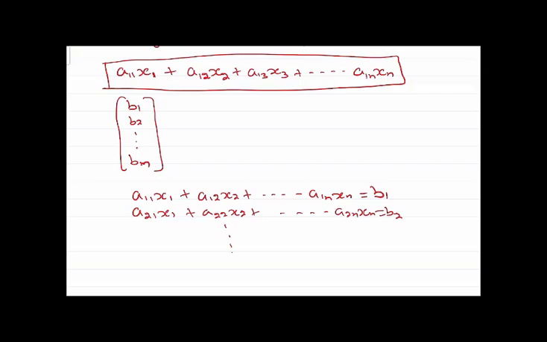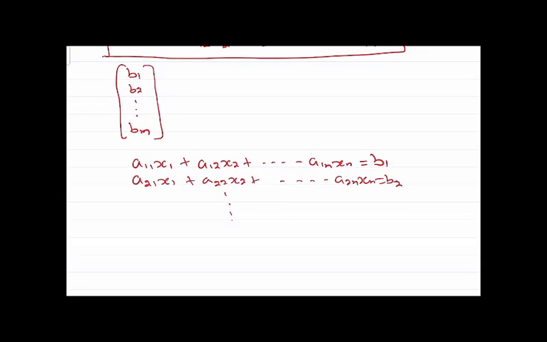And then I can extend this, and the last row of this set would be A sub m,1 x1 plus A sub m,2 x2 all the way to A sub m,n x sub n equals b sub m.